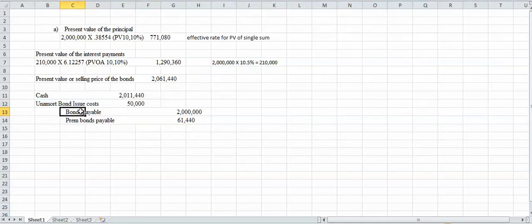The amount we're going to pay back is always the face value of the bond, and the premium is going to be the difference to get our debits and our credits equal. It's going to be the 2,061,440 minus the 2 million. So that's our bond premium.